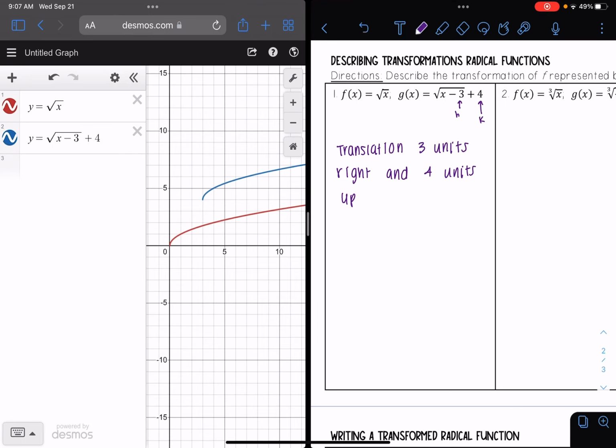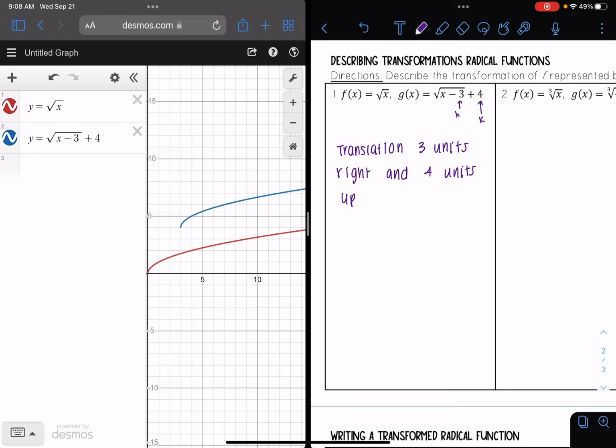Looking at my graph here, from blue compared to the red, the blue moved right 3 from that starting point of 0, and then it went up 4, exactly what we see.